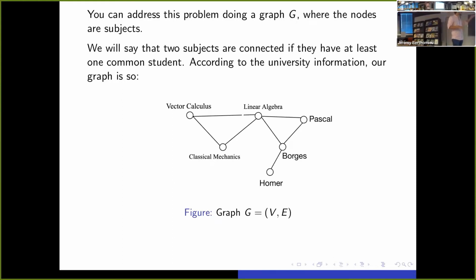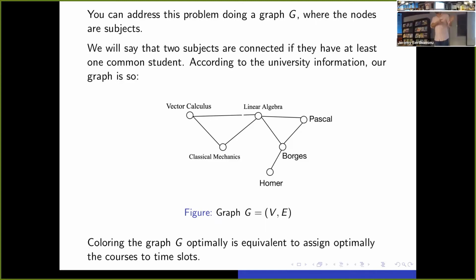You can see vector calculus is connected with classical mechanics, so there is at least one student taking vector calculus and classical mechanics, and in the same way between Borges and Homer. So color to assign optimally the courses to the time slots.